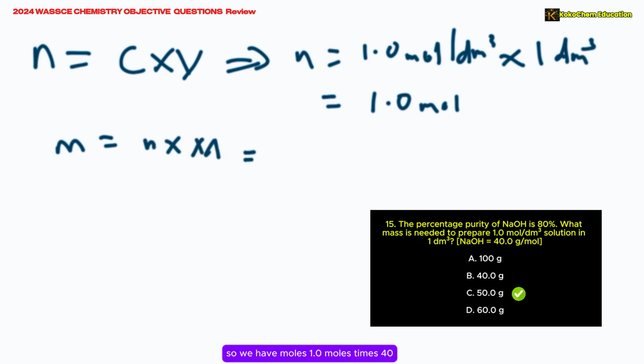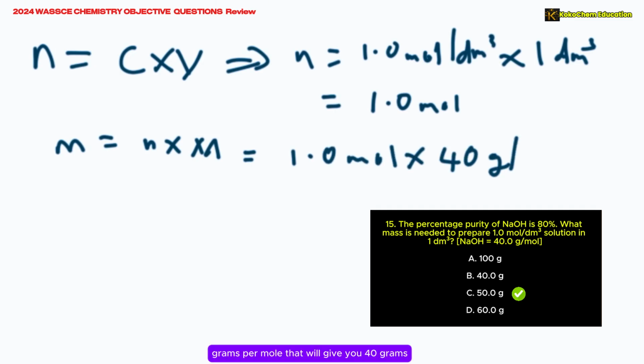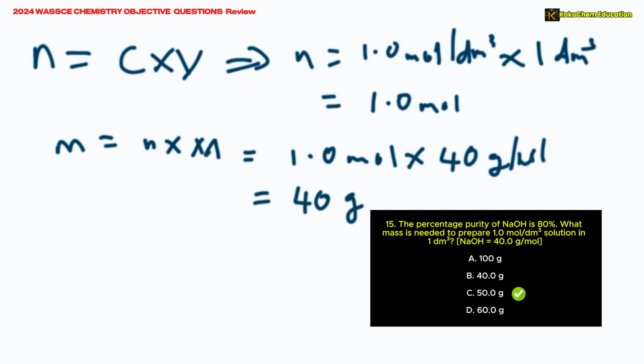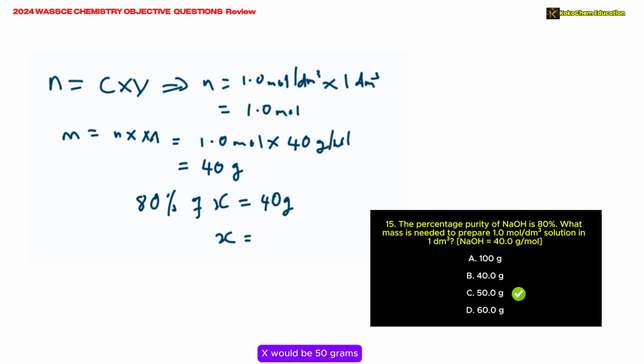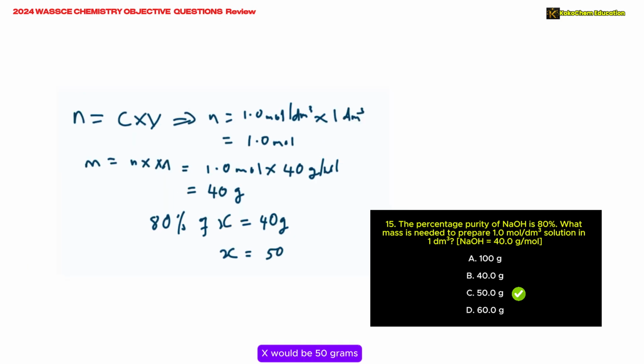So we have 1.0 moles times 40 grams per mole. That will give you 40 grams. 80% of it is pure. So 80% of the overall, which is X, would be equal to the 40 grams. That means if we solve for X, it will be 50 grams.